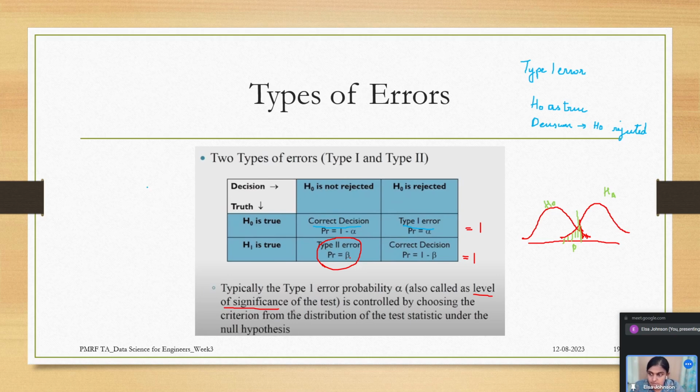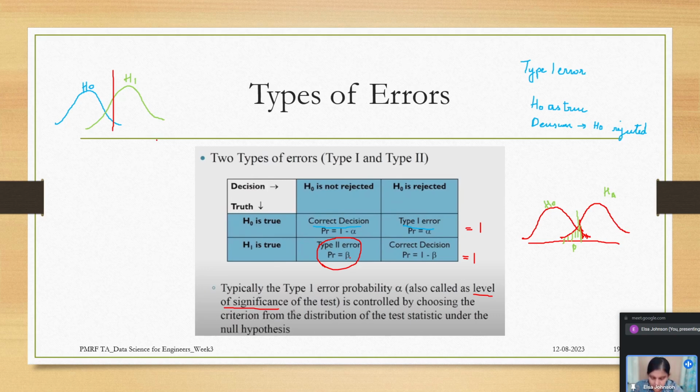The difference is like this: if this is the curve denoting the null hypothesis, and you have another curve denoting the alternate hypothesis, there will be some overlapping there. I am putting them as H naught and H1, and I am putting one level of threshold like this.